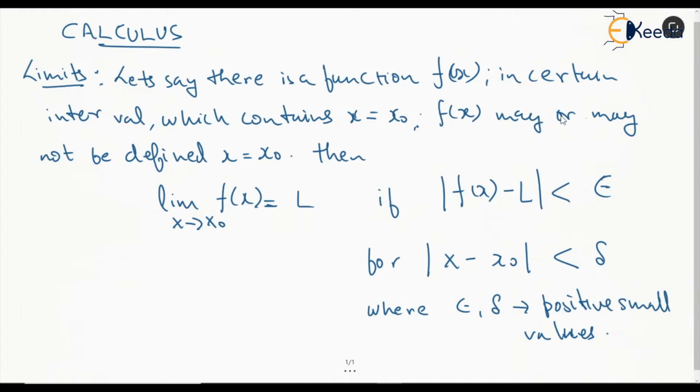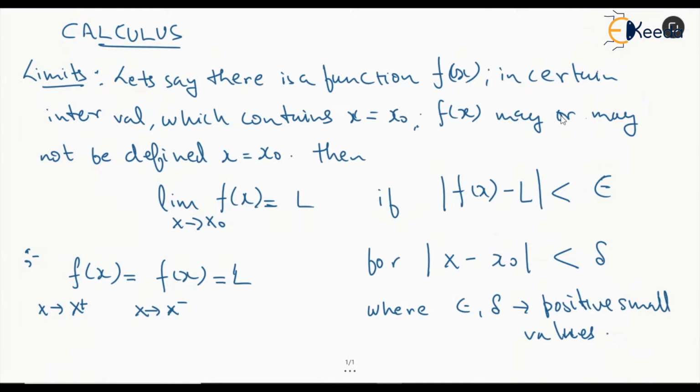And also for this we need that the function has the right hand limit and left hand limit to be same and equal to L. So this is something in words. We'll understand what it is, and we'll also see the left hand and right hand limits. This is left hand limit and this is right hand limit.